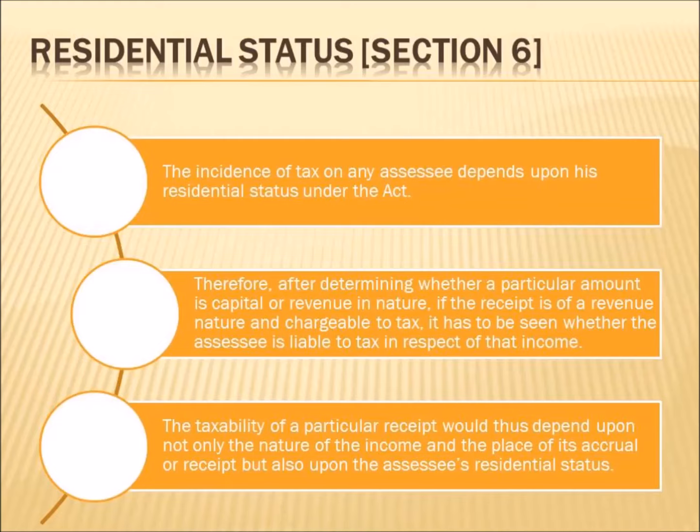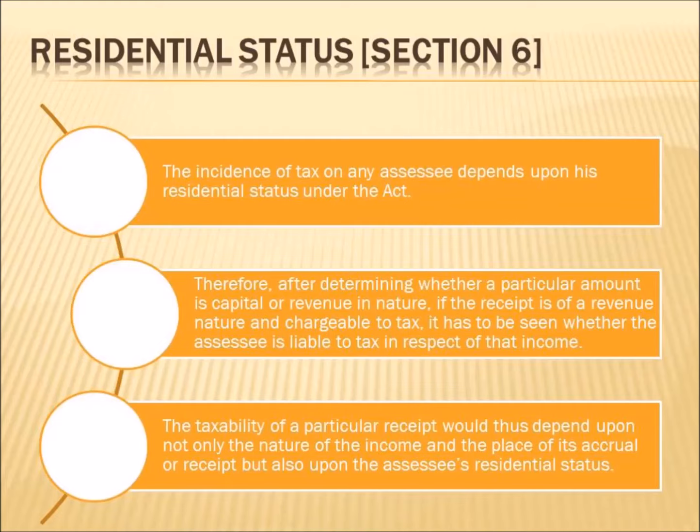Rather, we cannot even classify which income will be chargeable to tax and which income will not. So the first and foremost step to start with in the calculation of income tax payable by any assessee is the determination of the residential status of that particular assessee.